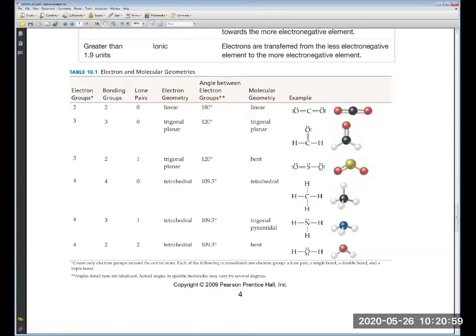They each are considered one electron group. So it doesn't matter that you have a triple bond or a double bond, you count it as one group. That's why it's up to 4 groups around the central atom. And then depending on the number of bonding groups and the number of lone pairs, the shape changes.